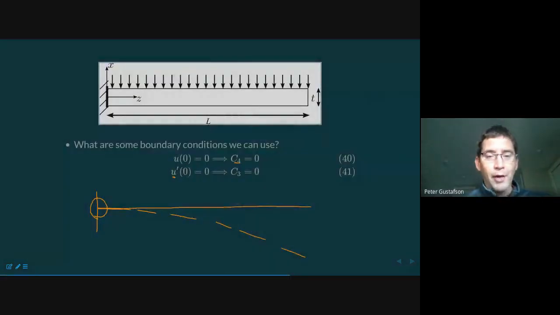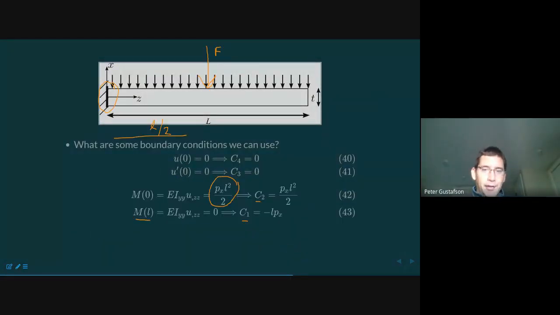And of course, that's going to be offset by the distributed load along the entire length. We could do the sum of the forces in Y again. And so another reasonable boundary condition could have been V at L, or I'm sorry, V at 0. And we would have a viable boundary condition there. Again, in this particular problem, there are a number of different ways we could approach it.